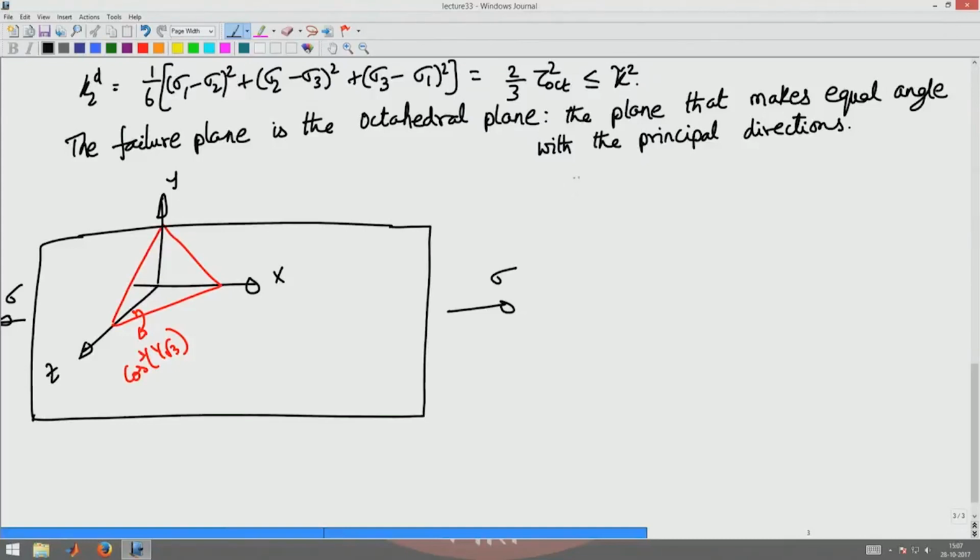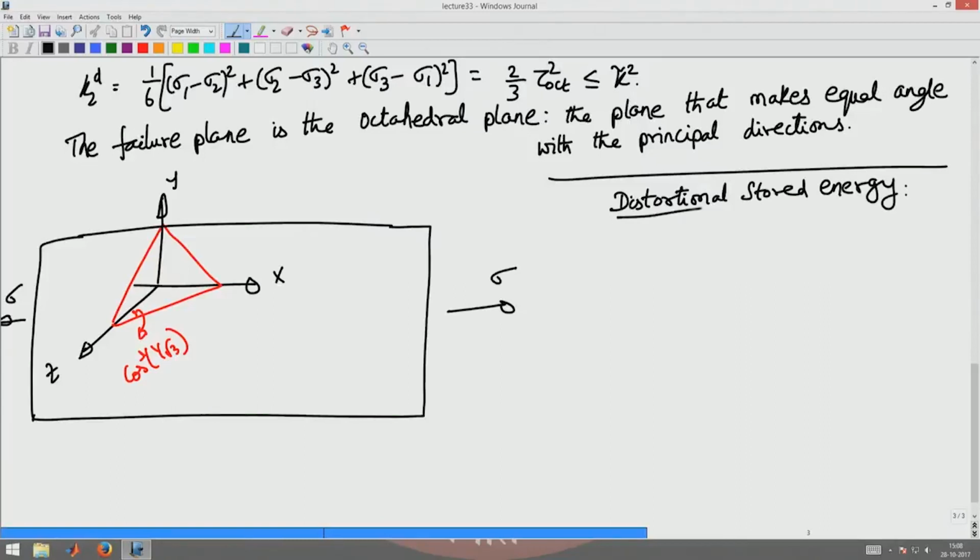Now, let us define another quantity called distortional stored energy. That is, this is the energy caused by the deviatoric stress. So, this energy we will denote by U D.